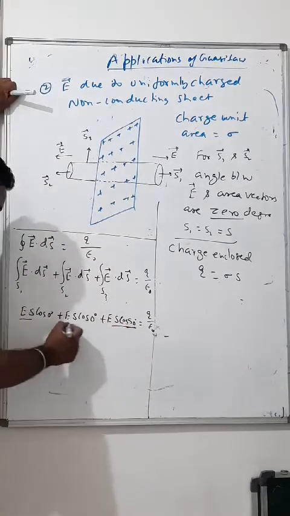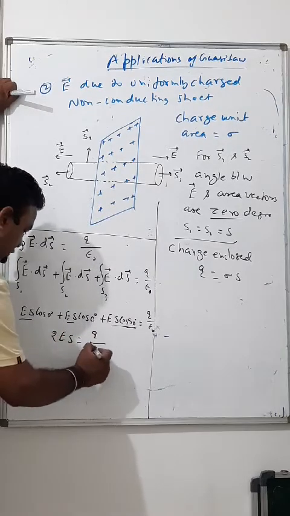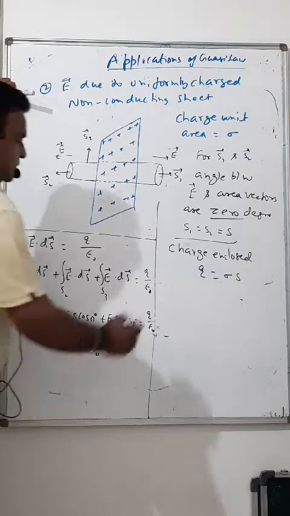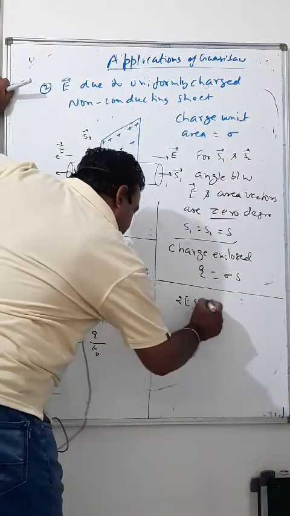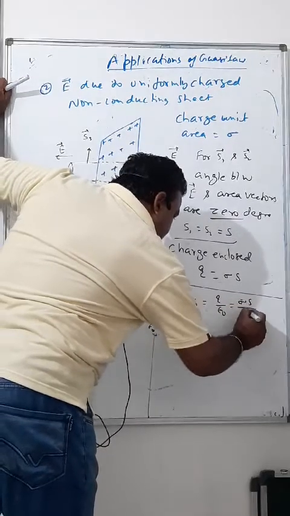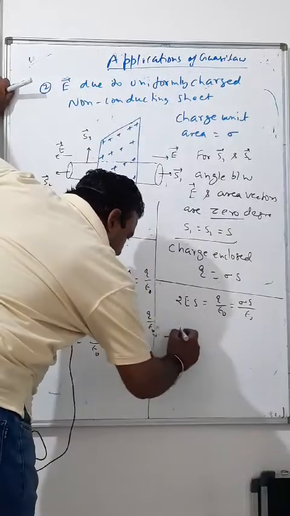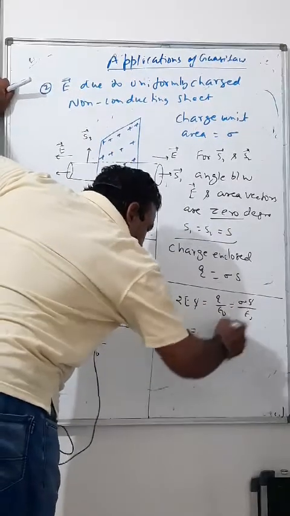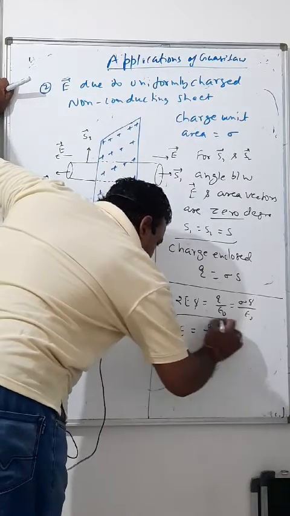This is ES, this is ES. I have 2ES equals Q by epsilon naught. Q is sigma S upon epsilon naught. Finally, I have E is equal to, S cancelled, sigma by 2 epsilon naught.